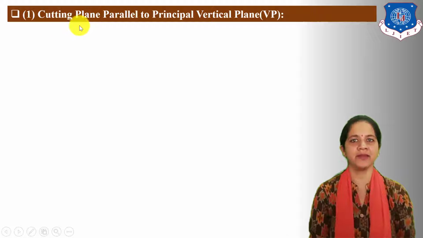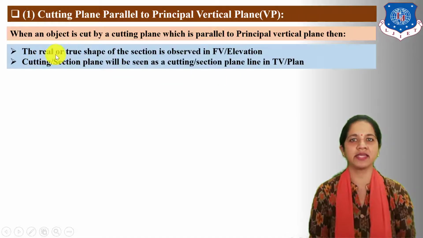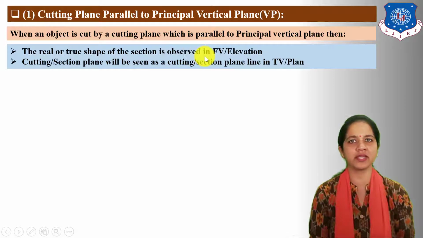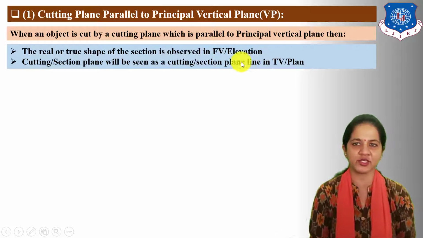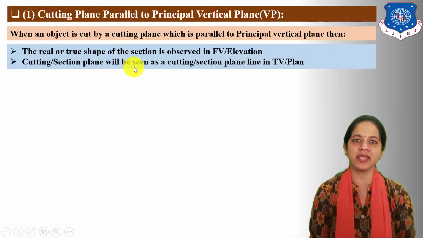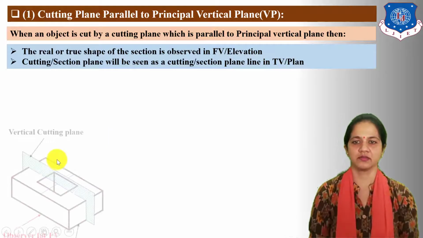First, cutting plane parallel to the principal vertical plane. When an object is cut by a cutting plane which is parallel to the principal vertical plane, then the real or true shape of the section is observed in the front view or elevation, and the cutting or section plane will be seen as a cutting or section line in the top view or plan.